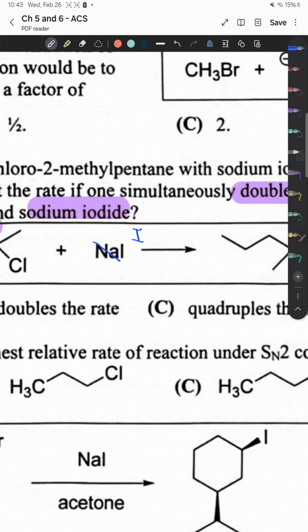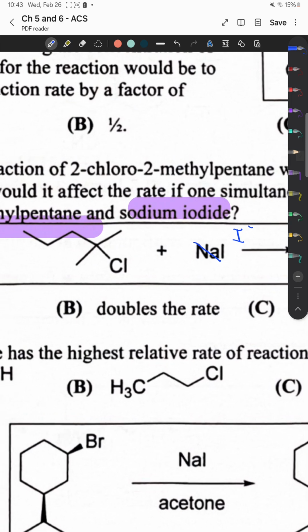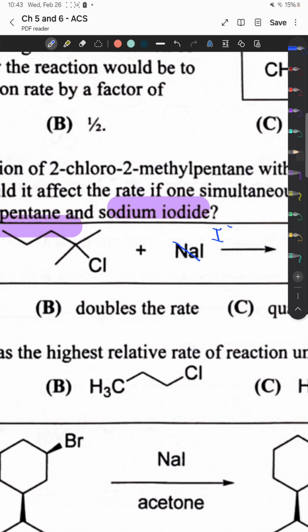Now iodine is a strong nucleophile but a really weak base, and that's what SN1 and SN2 reactions require, a strong nucleophile. The way we determine if it's an SN1 or SN2 reaction that is favored is we have to look at the carbon that's connected to the leaving group, which is right here.